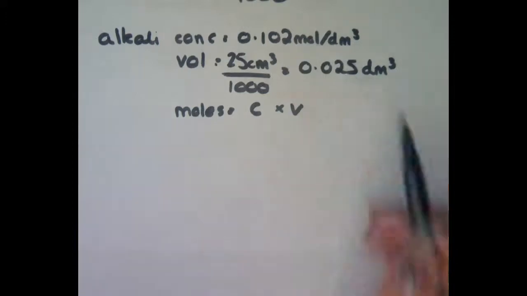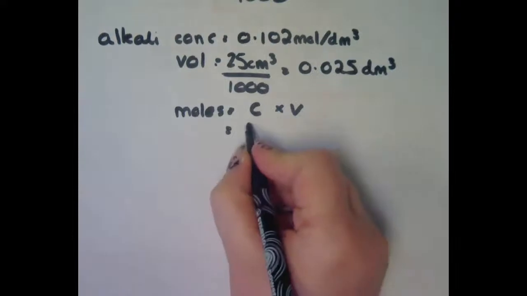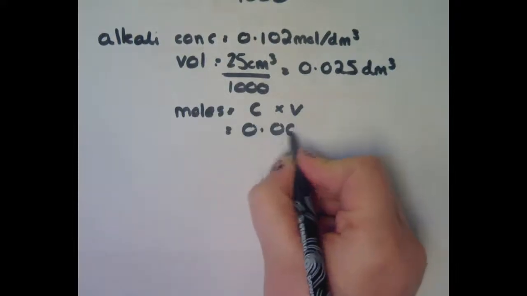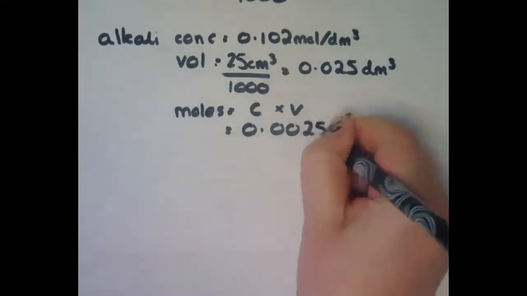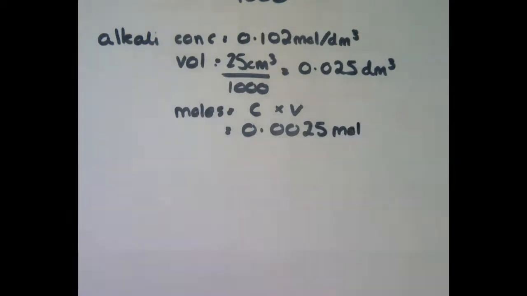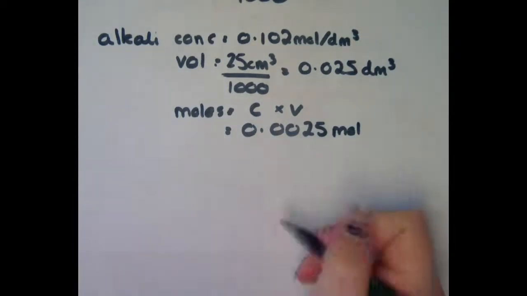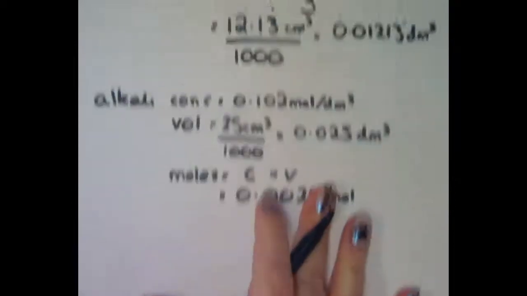So I'm simply going to do that concentration times by that volume. When I pop that into the calculator, I get 0.0025. You can pop in my units there as well, just for completeness. So 0.0025 moles of my alkali.